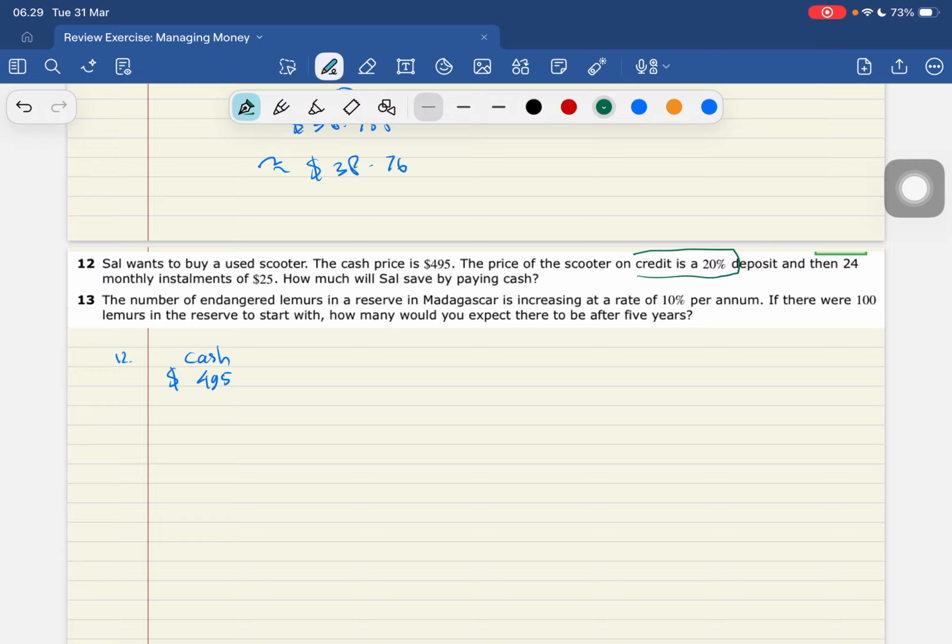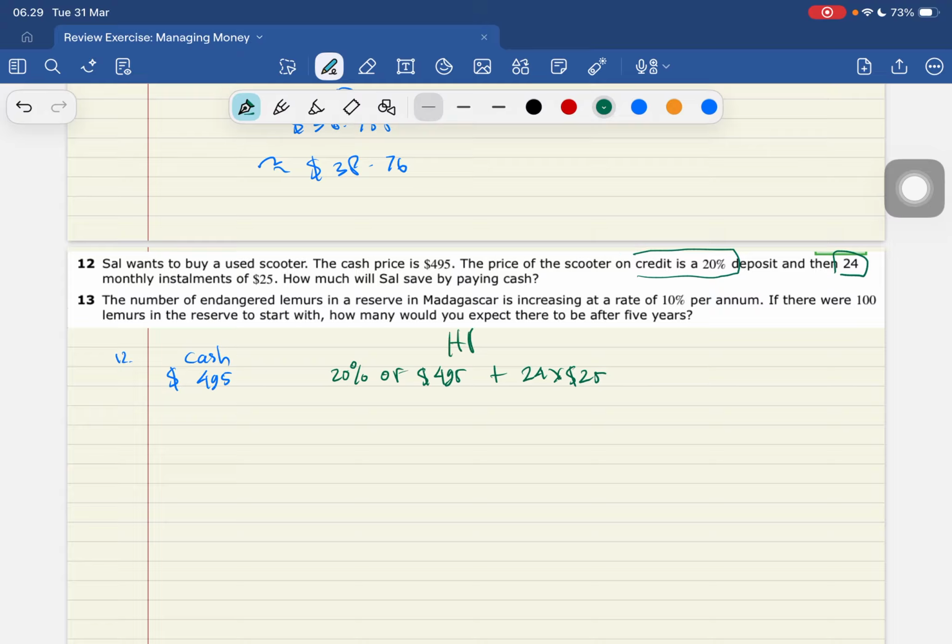The credit option is a 20% deposit, so we need to find 20% of 495, and then add the deposit, then 24 monthly payments, so 24 multiplied by $25.